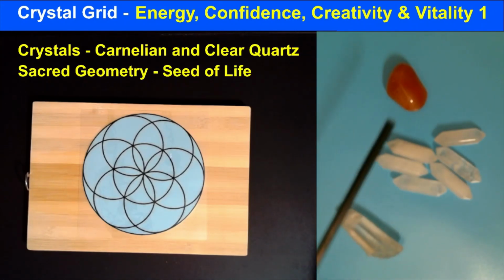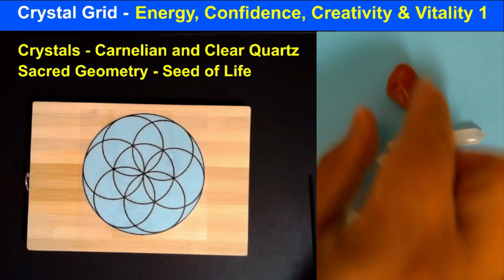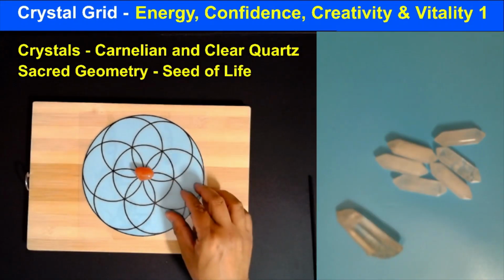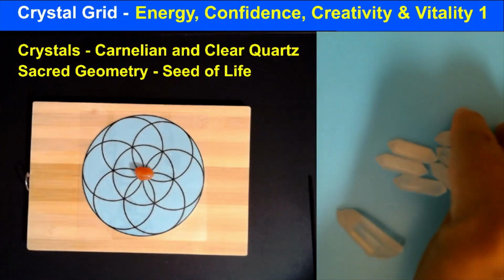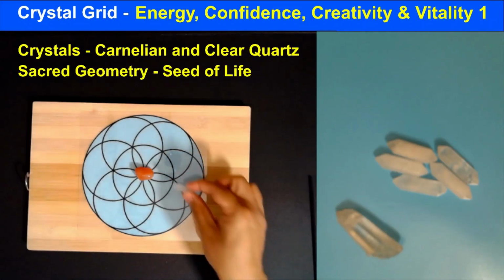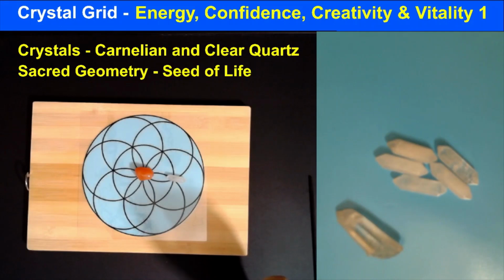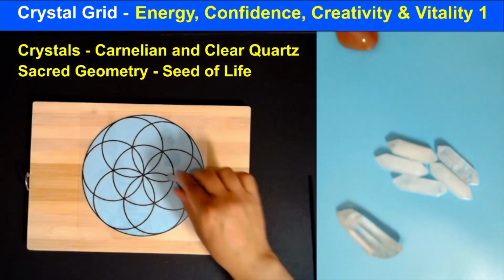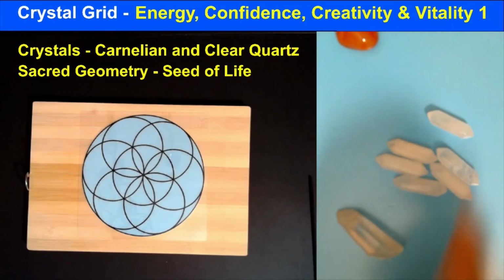The Carnelian is what we're going to use as a central stone. The other crystals, like this clear quartz, we use as supporting stones. So these are the two main roles that the crystals will have: a central stone and a supporting stone.